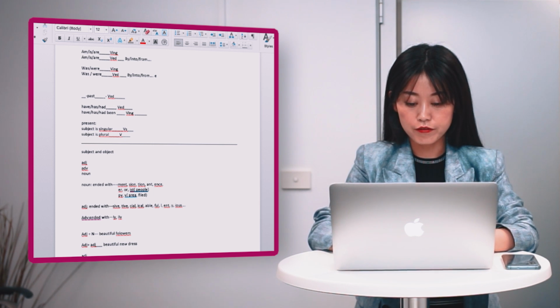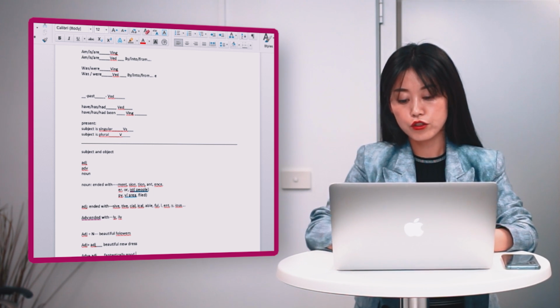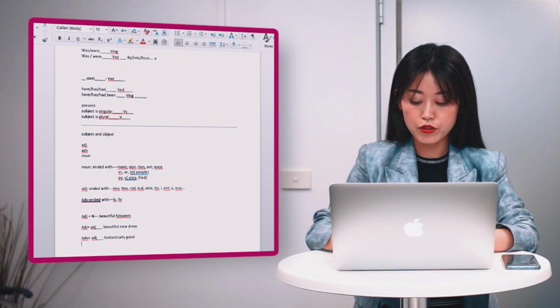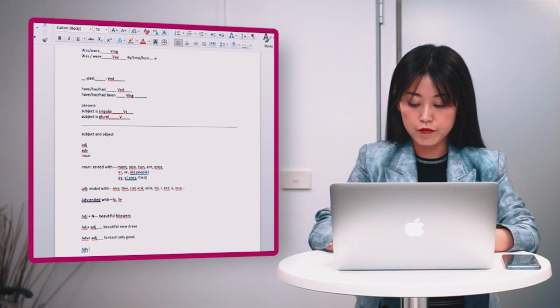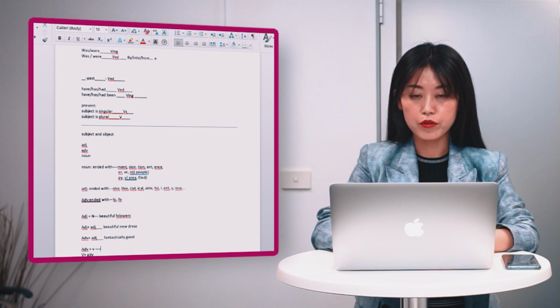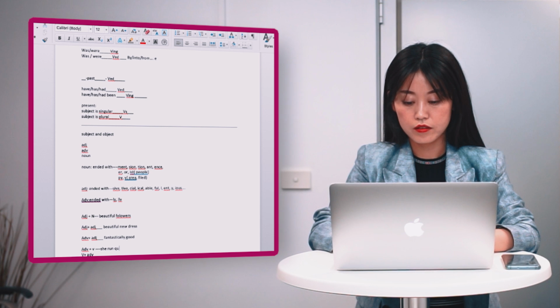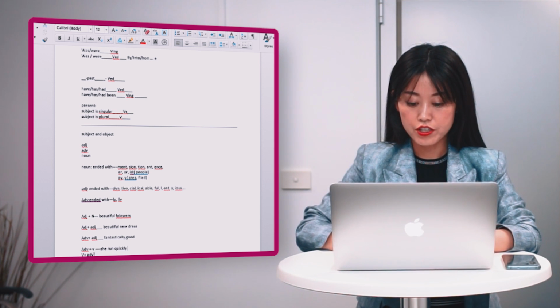And as for the adverb, it is something we use to describe adjectives, for example, fantastically good. And you will also use your adverb to describe a verb, and it can be before or after the verb. An example is: she ran quickly, or she quickly ran.